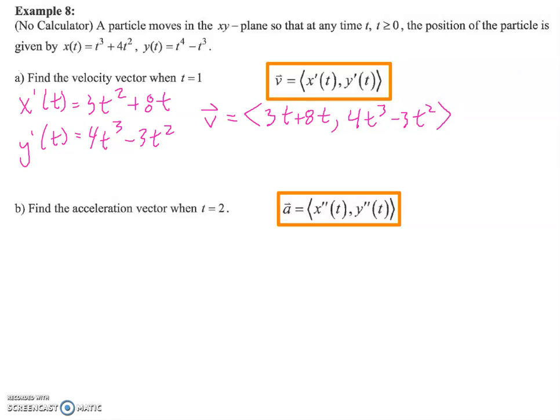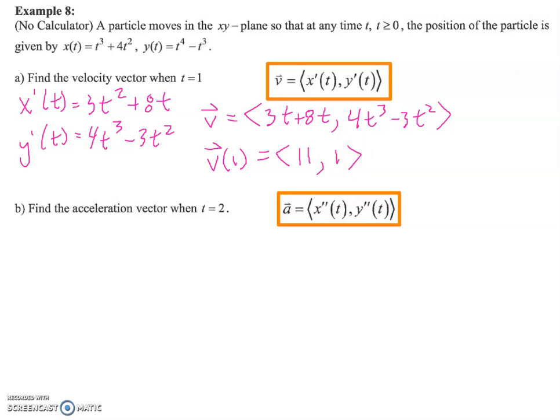And then on the other side, the head of another arrow. So that would be the velocity vector. So the velocity vector evaluated at 1. Now I'm just going to sub in those values. If I plug 1 into x prime of t, I get 3 plus 8, which is 11, comma, and if I plug 1 into y prime of t, 4 minus 3 gives me 1.